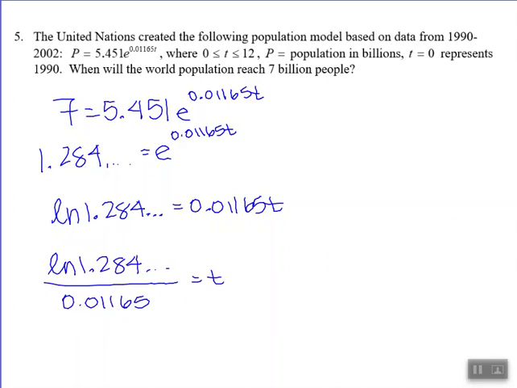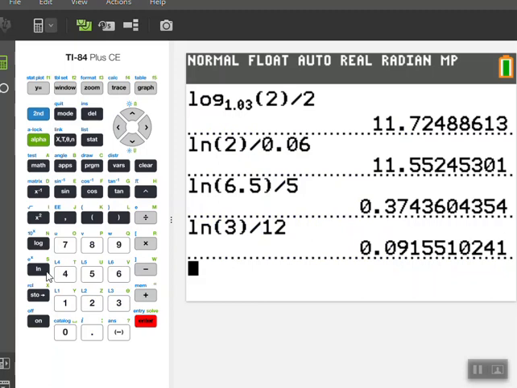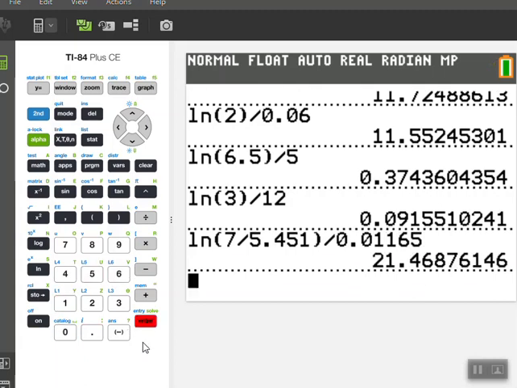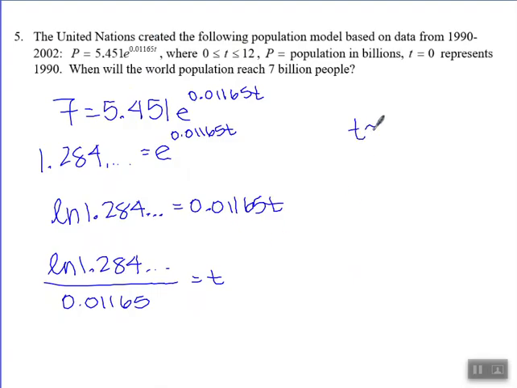Now, when I type this in the calculator, I'm going to type natural log of 7 divided by 5.451, divided by 0.01165. So I get, if I round to 3 decimal places, 21.469. And this is years.